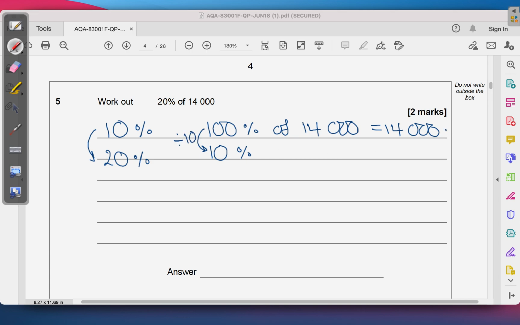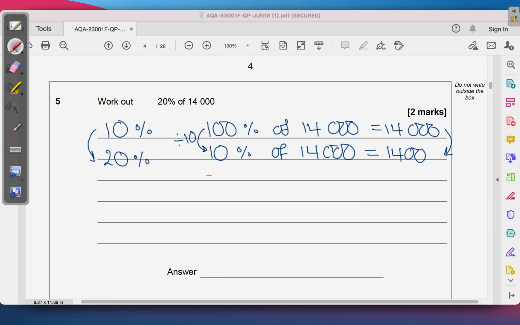So to get from 14,000 to 10% of 14,000, we just divide by 10. When we divide by 10, we essentially remove a 0 from a number. We just knock a 0 off. That's the quick way to do it. So that gives us 1,400.